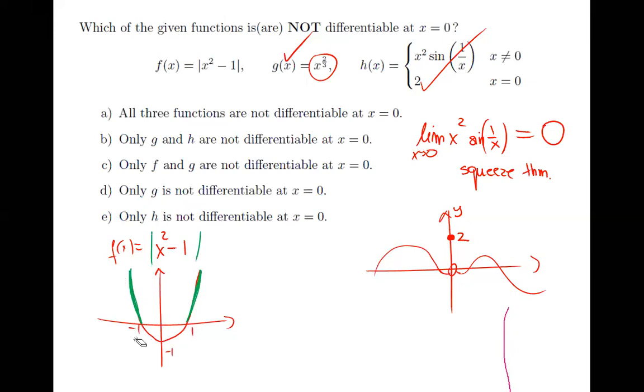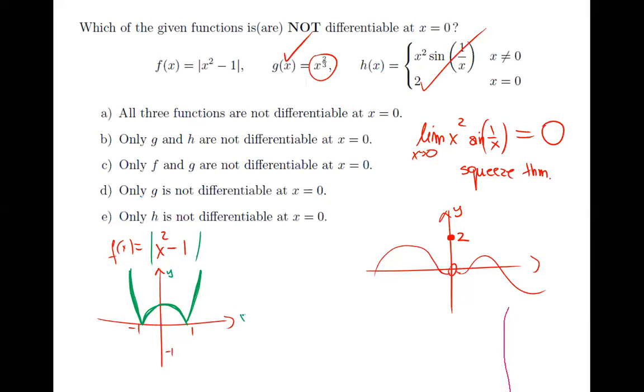But everything that is negative, the absolute value of negative numbers will become positive. That means I have to do the reflection. And this one is no more on the graph. Okay, so we can get the graph of the inside function, and whatever was negative, we make the reflection and put it on the positive side. Okay, that means this is a nice graph of the absolute value of x squared minus 1.